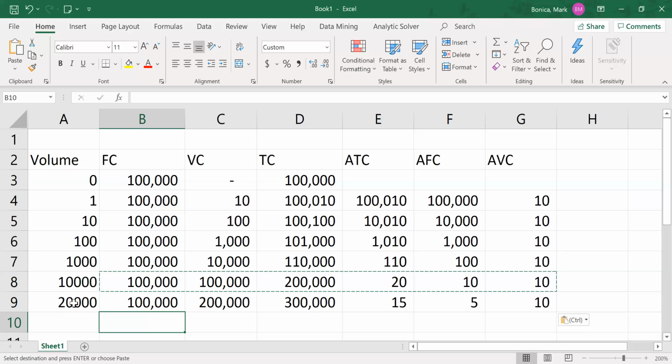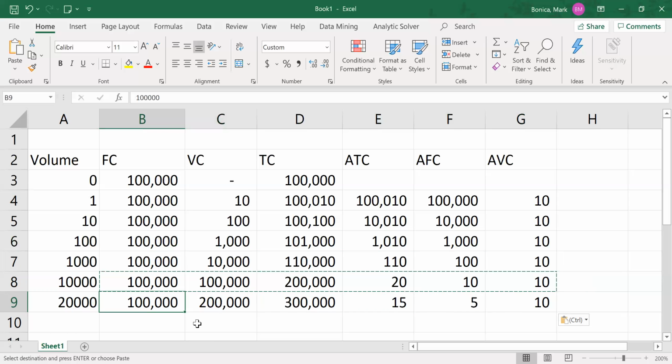So with one technician and one machine, we can run 20,000 tests, right? So our fixed costs still are 100,000. Our variable costs are 200,000 because that's 20,000 times 10, because our variable cost is not changing. It stays $10 per unit.